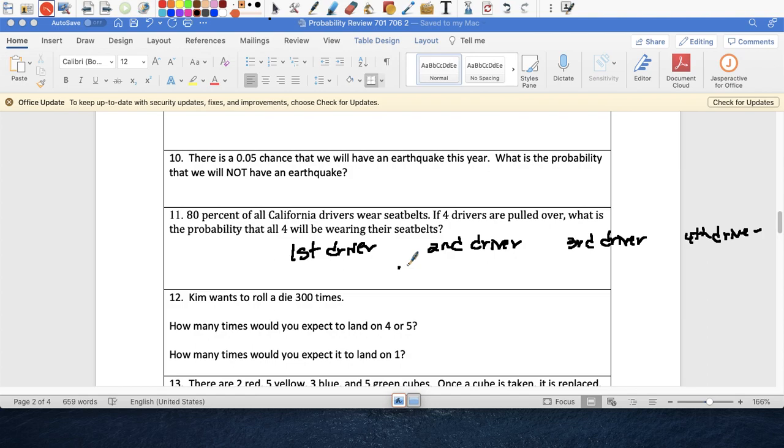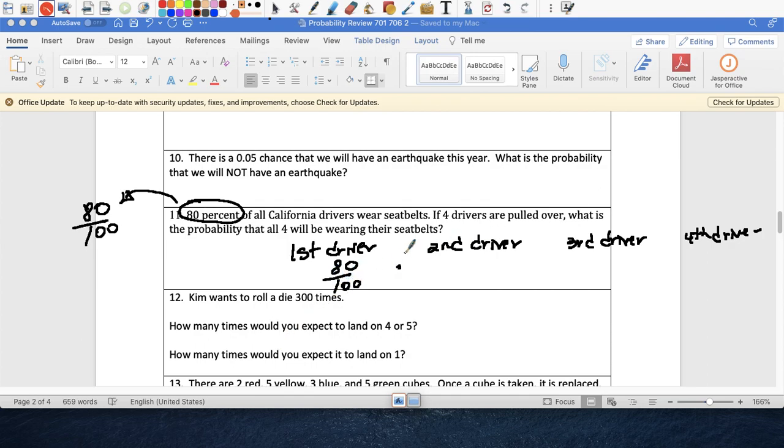And you stop him. What is the chance that this first driver that you stopped and you look over is wearing a seatbelt? Well, they tell us that the probability that the driver is wearing a seatbelt is 80%. So now, what's 80% as a fraction? 80 over 100. So the probability that the first driver is wearing a seatbelt is 80 over 100.